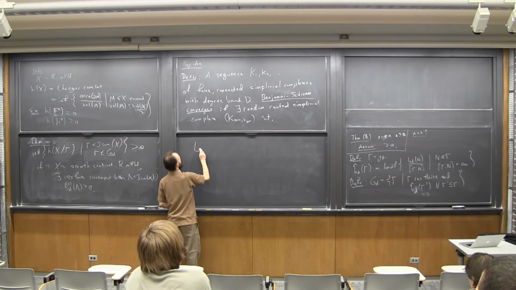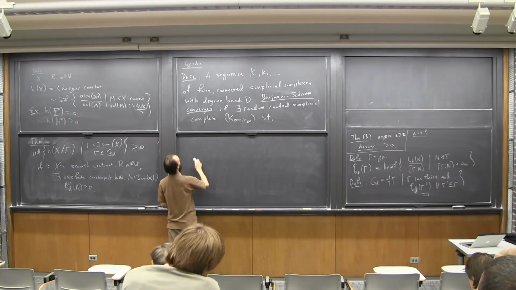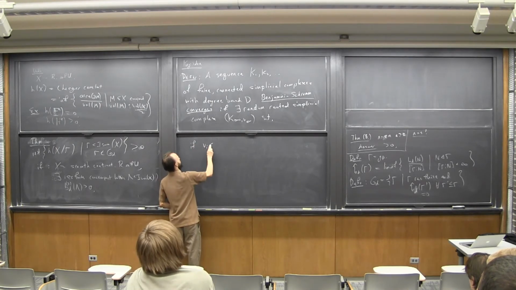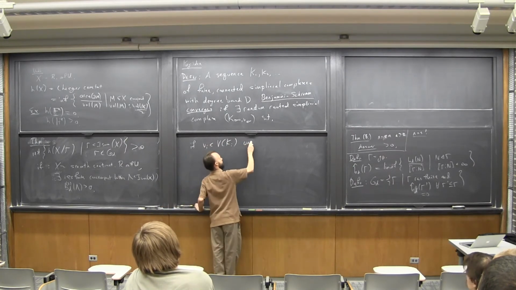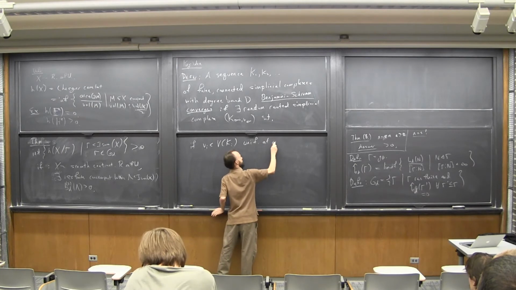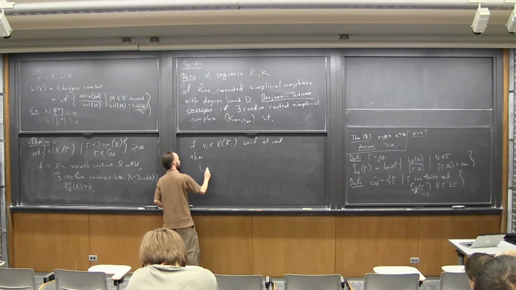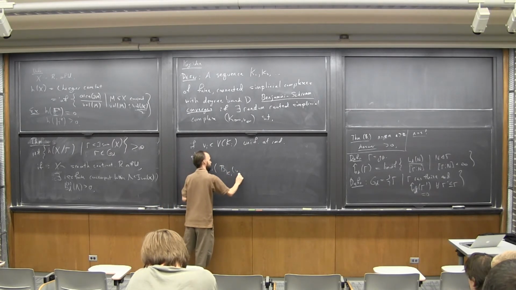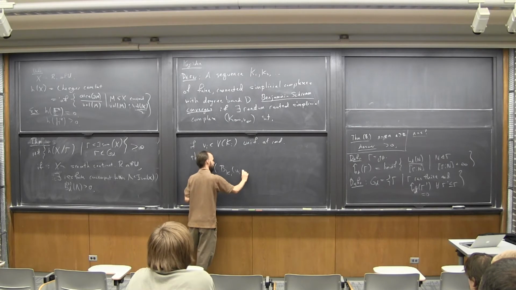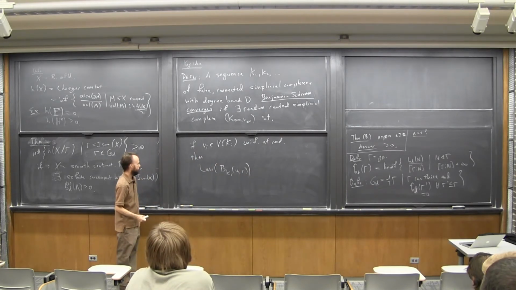We take the law. So if we choose a vertex uniformly at random, then we consider the distribution of the ball of radius r, where r is just some parameter.